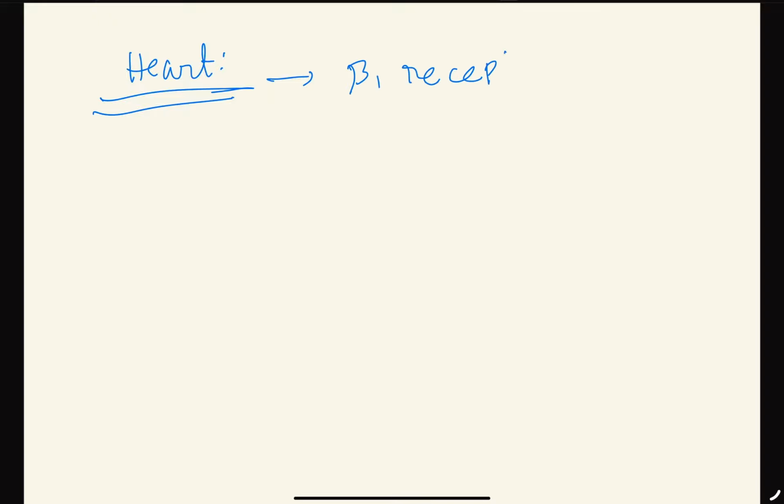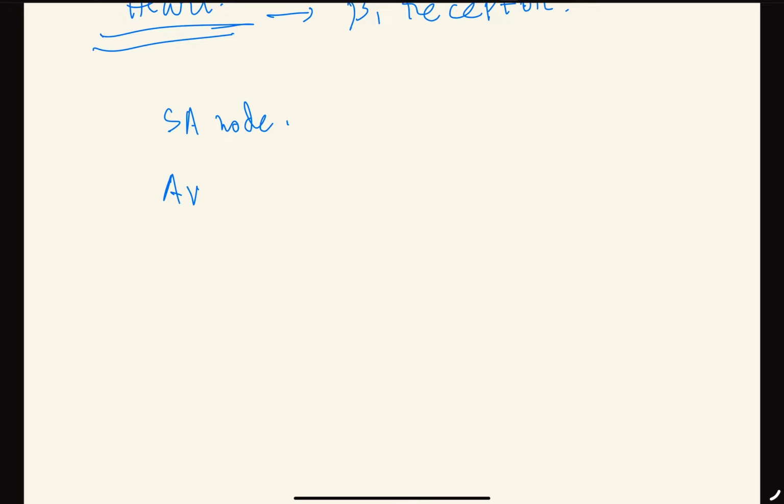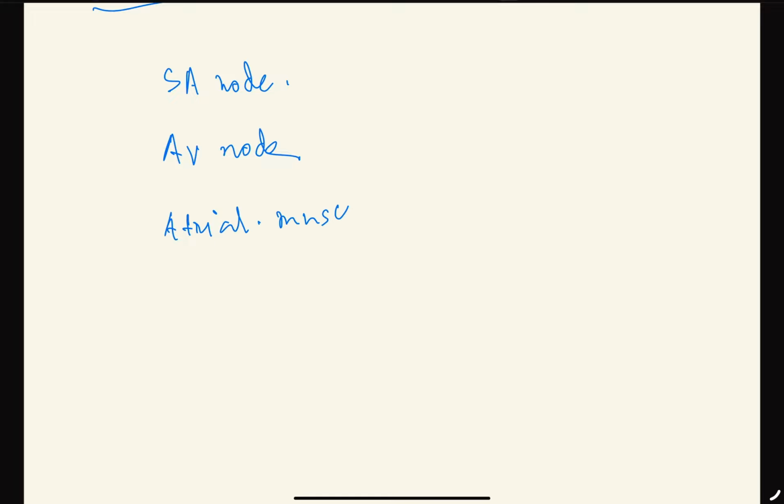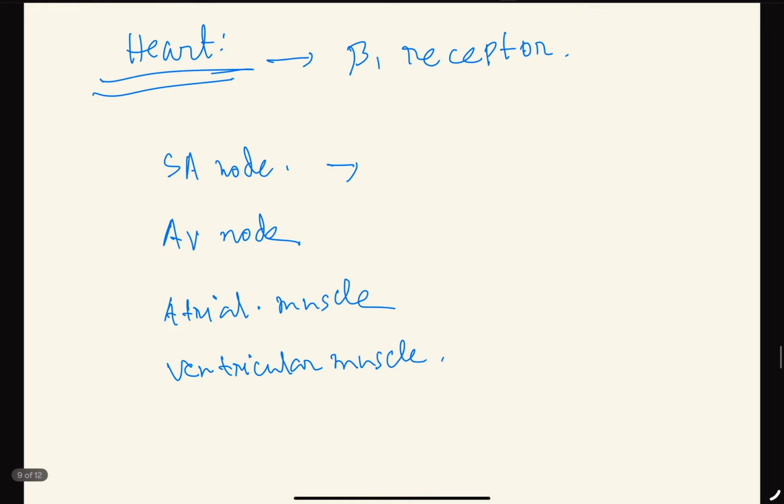There is the SA node, the AV node, the atrial muscle, and ventricular muscle. In SA node, what happens is an increase in heart rate, so it's called positive chronotropic effect.